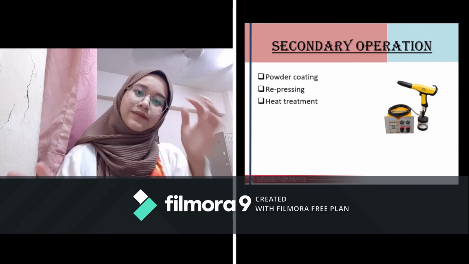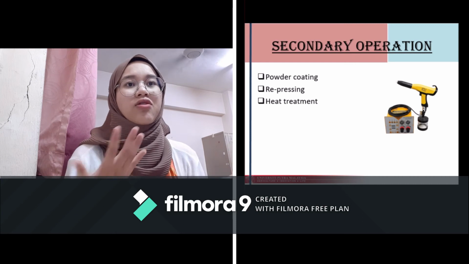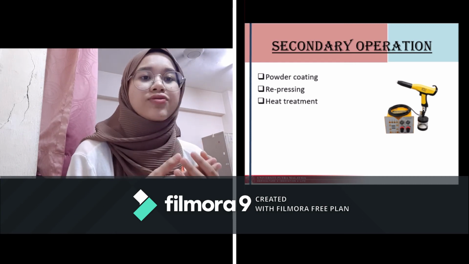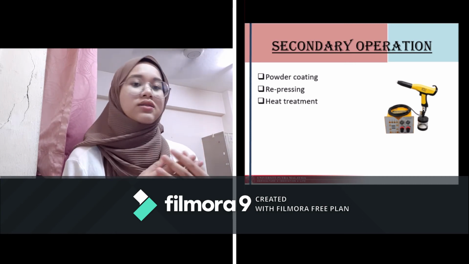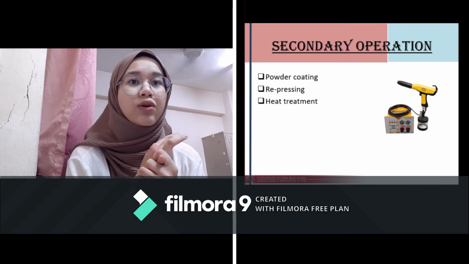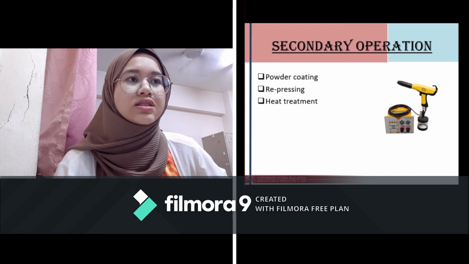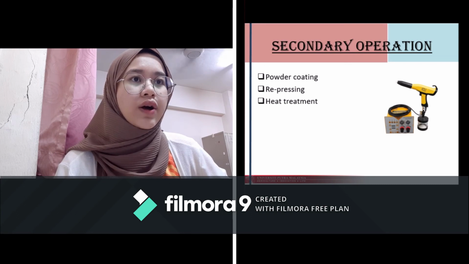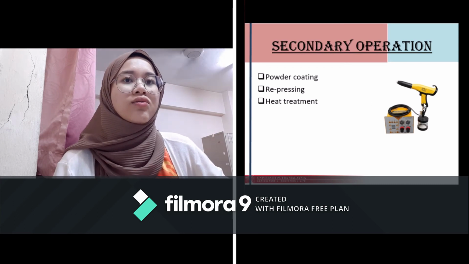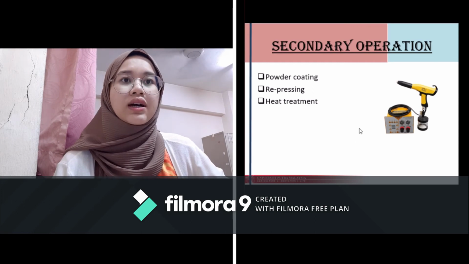There is more than one secondary operation that we can use for the car door production. One of them is powder coating, repressing, and heat treatment. So this is the picture of the portable powder spray gun for the powder coating operation.